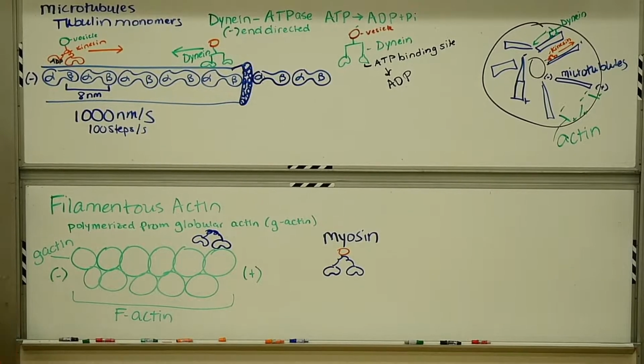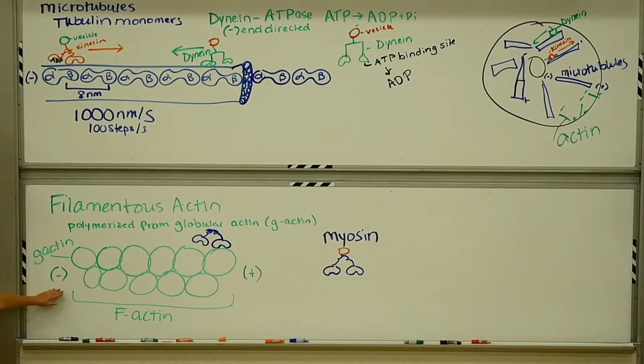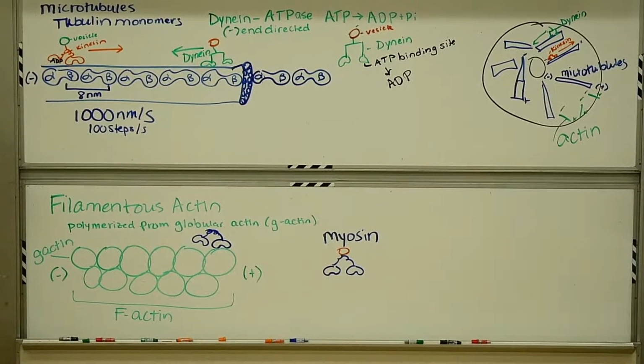Now some of these are capable of moving to the minus end. And let me rephrase that because I don't think that was clear. Some of these will only move to the minus end. Different myosins can move only to the plus end. So they always have direction.